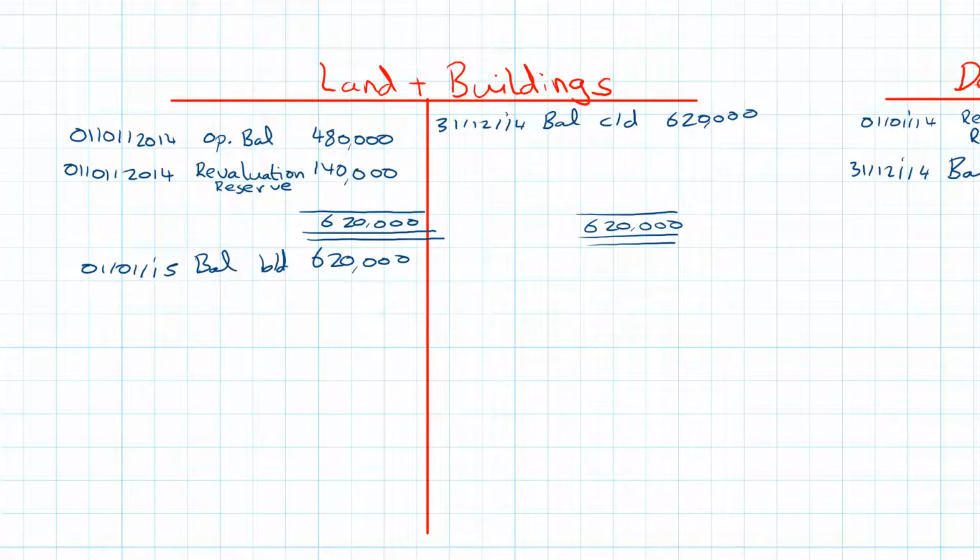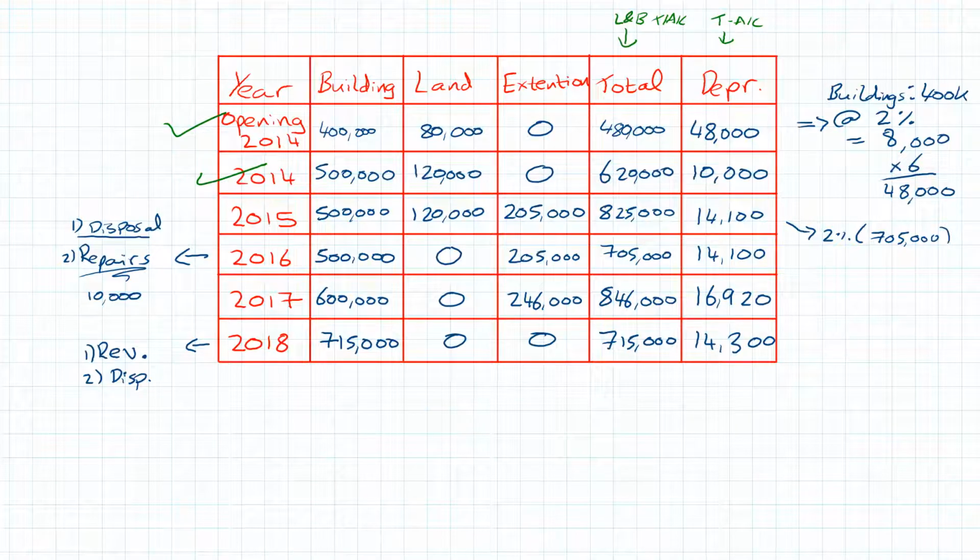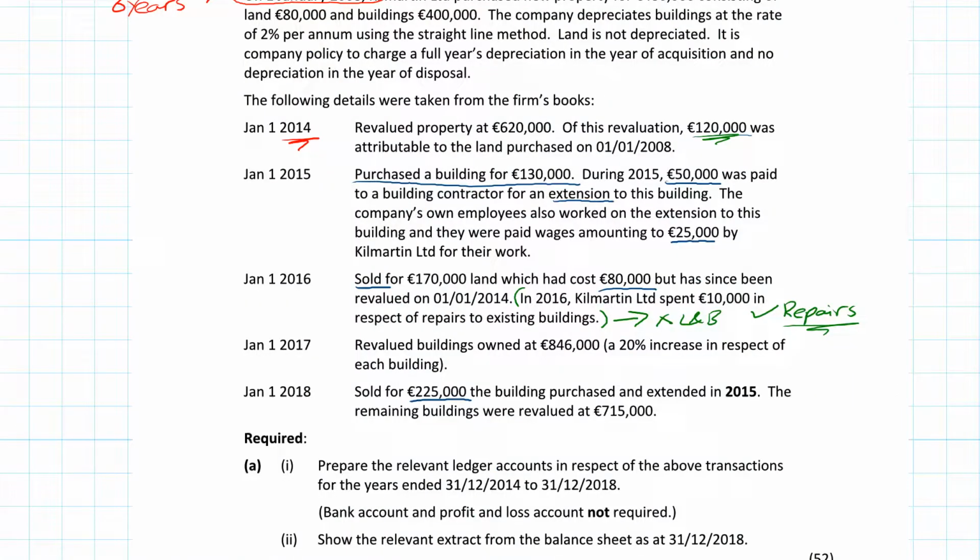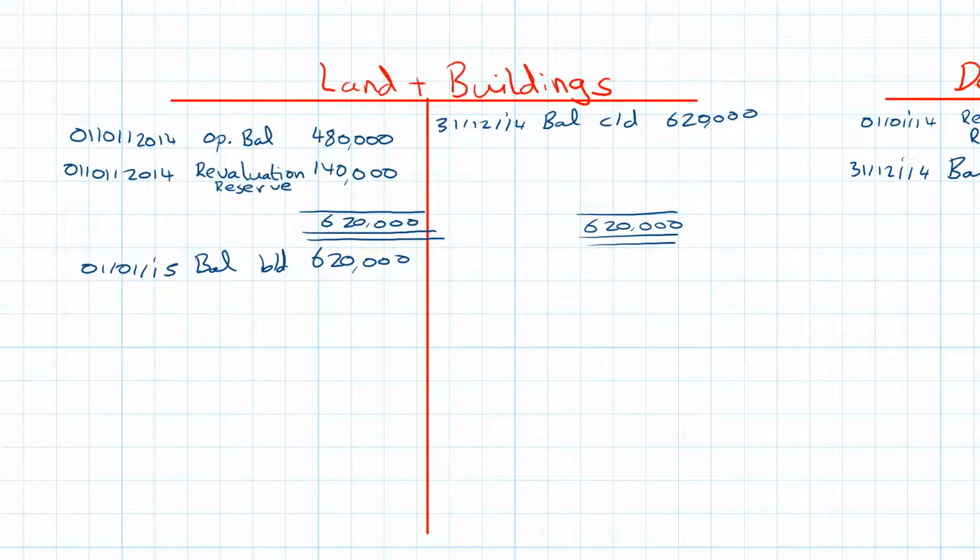So we put in these figures individually. Even though we can see that the total was 205,000, we're going to break it down into 130, 50, and 25. So remember, whenever filling in T accounts, we're always worried about where is it coming from or where is it going to.